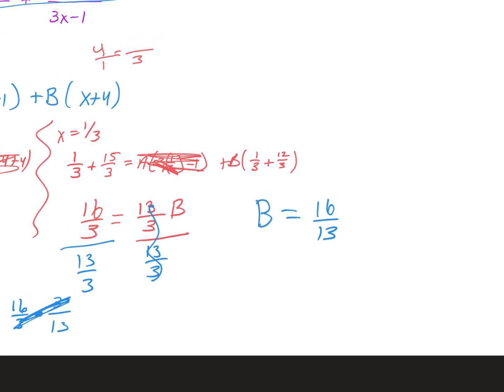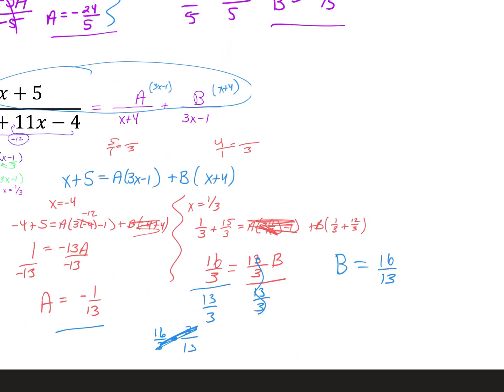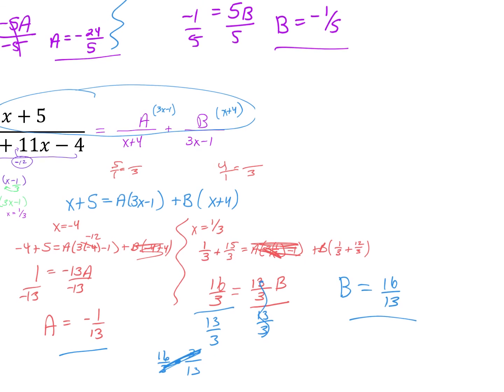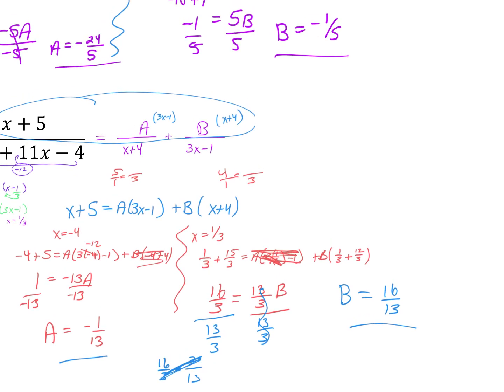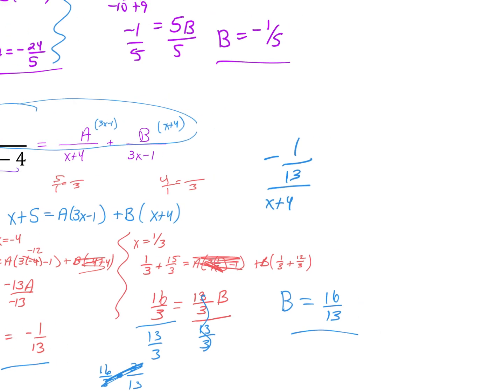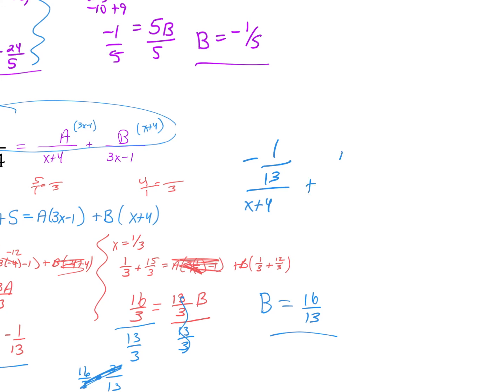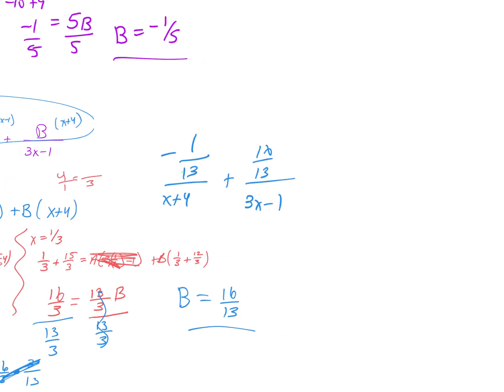So now I take my a and my b value, and I put them back into our original that we had, right? So my a value, I'm going to replace a with negative 1/13 over x plus 4. B is 16/13, so I'm going to say plus 16/13 over 3x minus 1. And then what is the proper way to write this? My 13's go where?